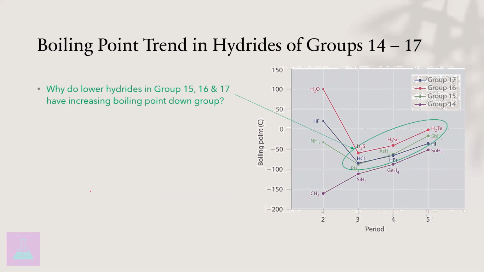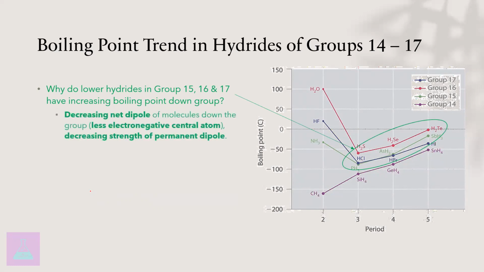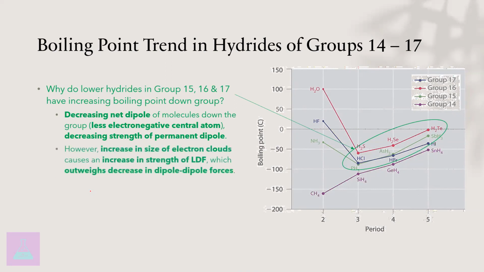Okay, so moving on to the third question. Why do the lower hydrides of groups 15, 16, and 17 have increasing boiling points down the group? The first thing you have to know is that these are still polar molecules. But they will have a decreasing net dipole down the group because the central atoms are getting less electronegative. So the permanent dipole is going to decrease, and the dipole-dipole forces are going to decrease.